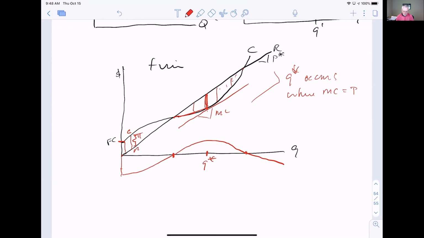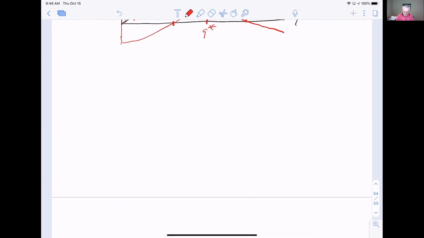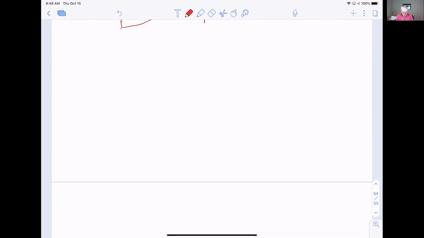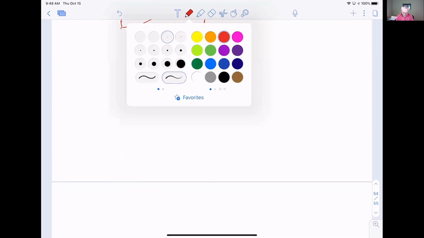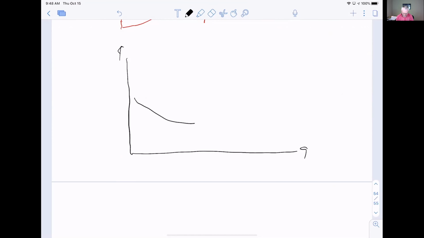Now, let's think back to what our cost curves look like for this firm. When we look at average and marginal costs, for our firm we have some average cost that looks like this.